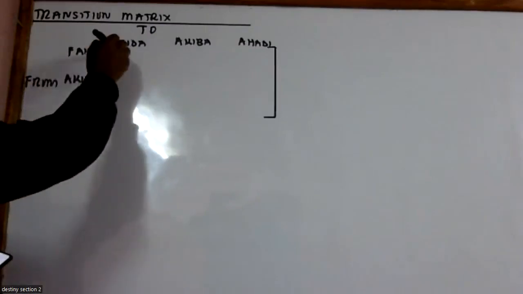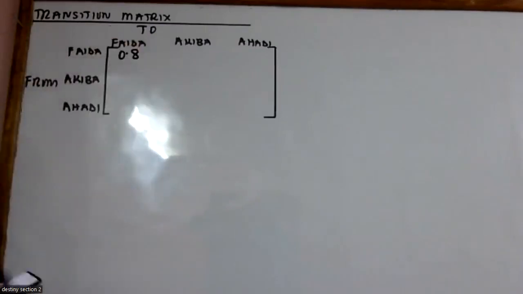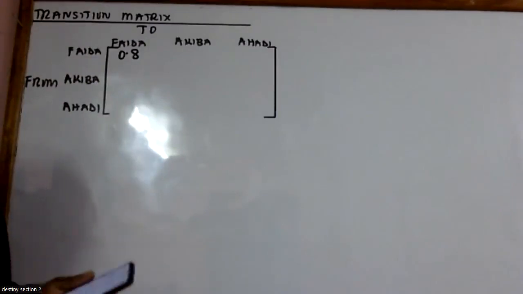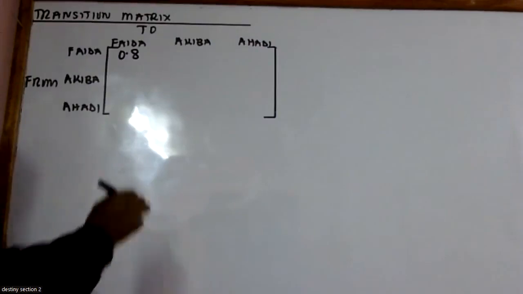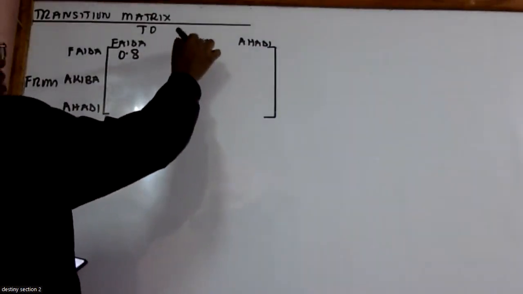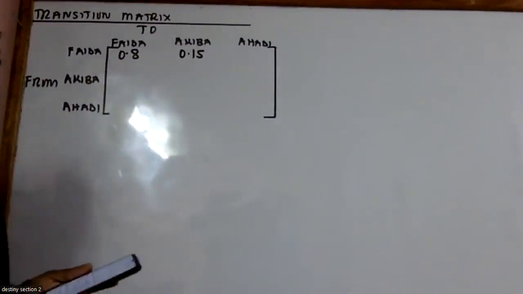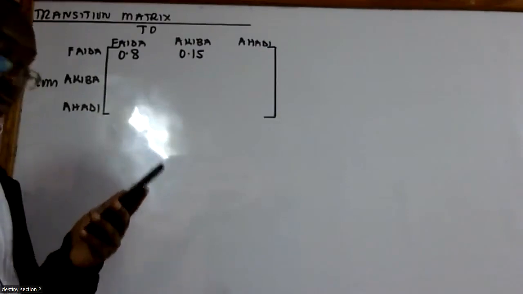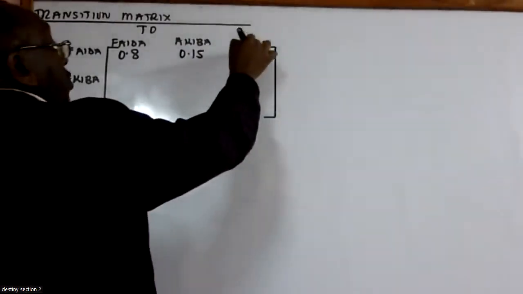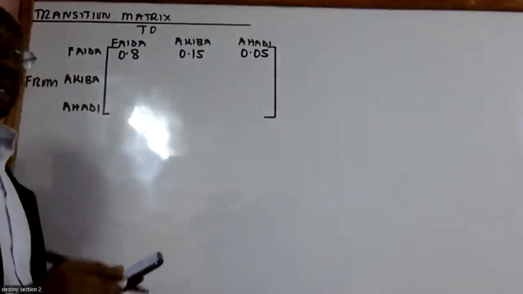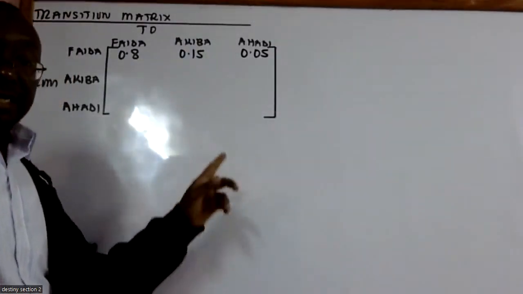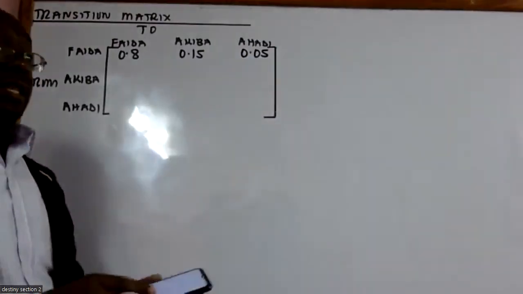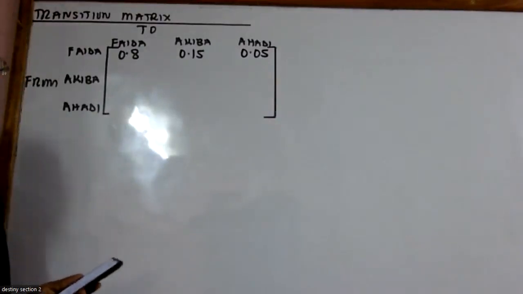So from Faida to Faida, 0.8. And lost 15. So losses will be recorded on the row. It lost 0.15 to Akiba and 5 to Ahadi, so 0.05. Remember we said the values in the row of the matrix must always add to 1. So if you take these, you find that they add to 1.